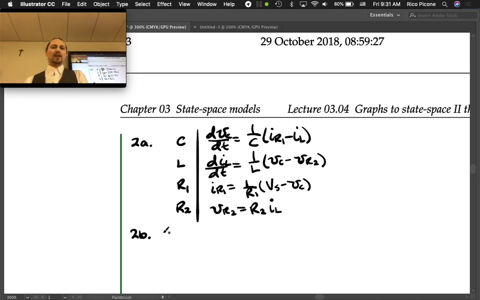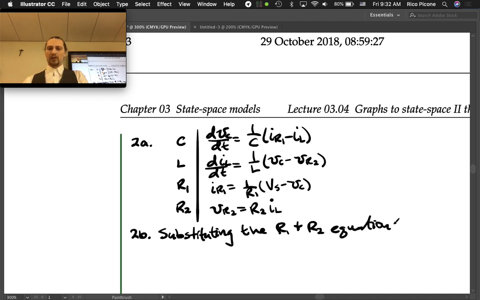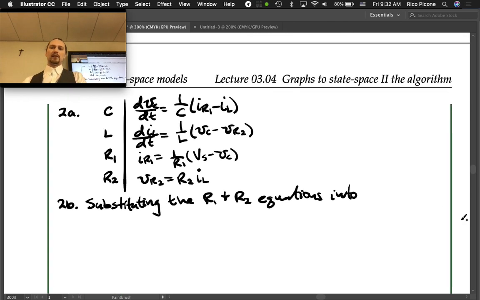So I'm going to write substituting the R1 and R2 equations into the C and L equations.